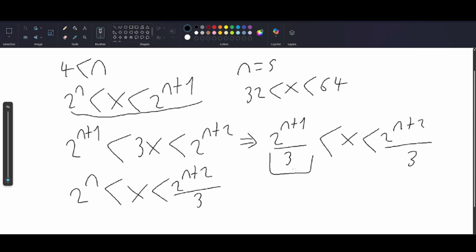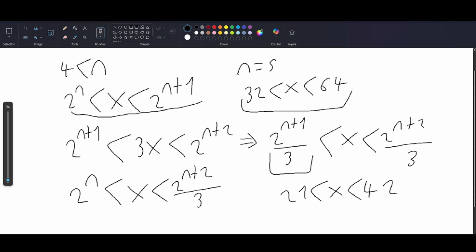But our second equation tells us that when you replace n with 5, you get 2 to the 6 divided by 3, which is 64 over 3, which is, let's say, around 21-ish, and 2 to the 7 over 3, which I guess will be around 42. I'm not sure 100%. It will be around those values.